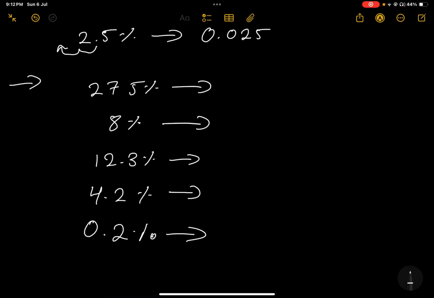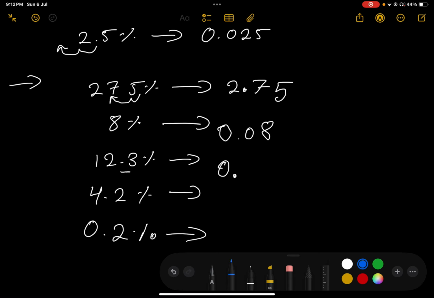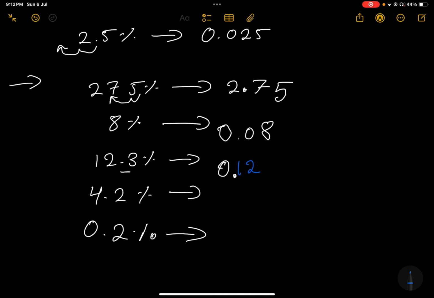If we change into the decimal, we know that we have to place the point before 2, so we'll get 2.75, and another will be 0.08, another will be 1, 2, 3, and we'll get 0.042, and next question is 0.002.